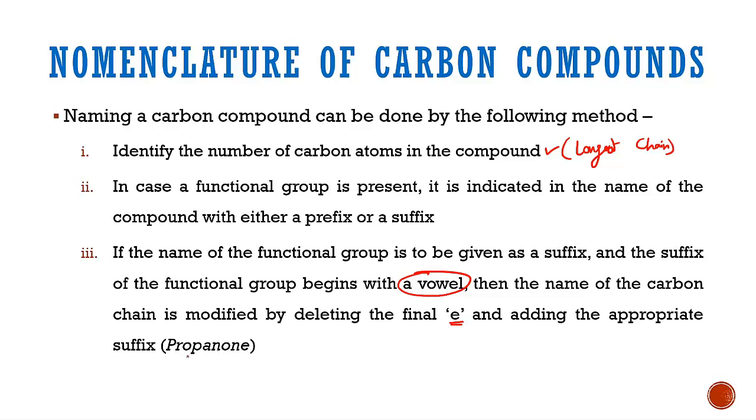For example, we have propanone. Propanone is a ketone, and we have already seen the ketone functional group. So here propane and ONE. ONE is the suffix for ketone, and propane, so that E is deleted there.